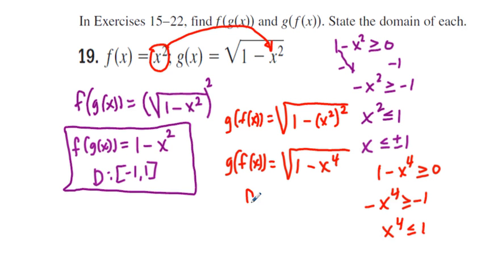So our domain is going to be greater than or equal to negative 1 all the way up to 1, including 1.